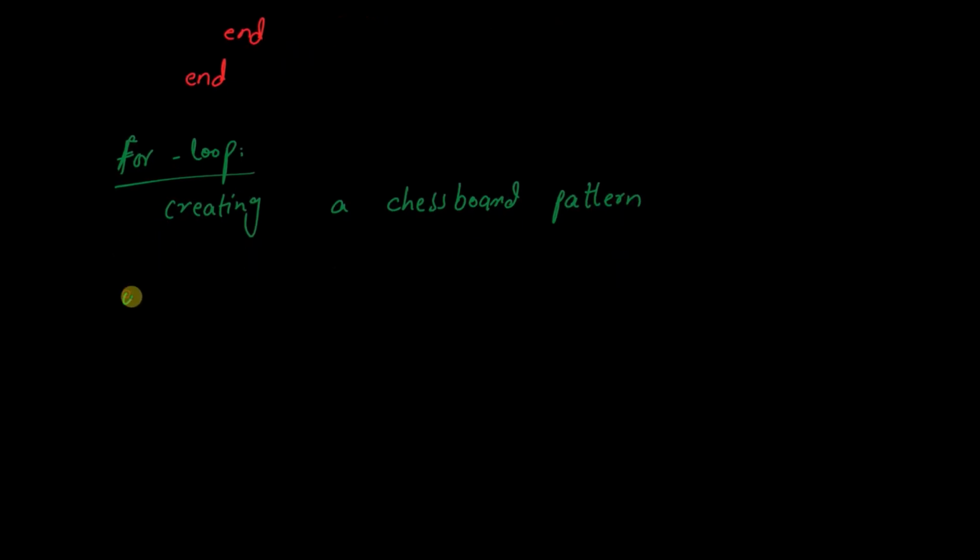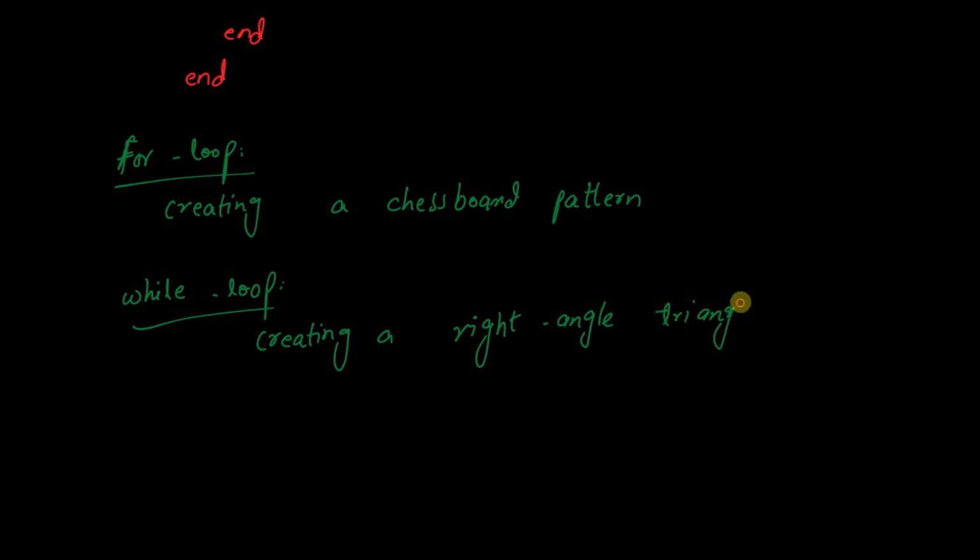And for the while loop, we are considering the example that we are going to create a right angle triangle pattern. So these are the two examples we are going to consider in order to understand the for loop and the while loop. So let's proceed to MATLAB.